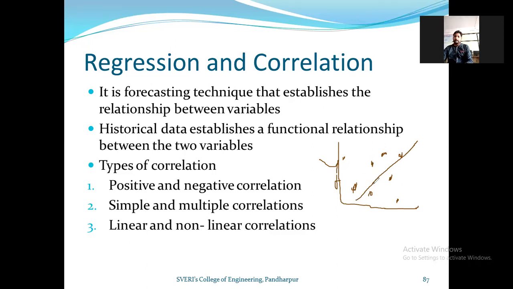So you are not able to draw a proper straight line, or the data is not following the straight line equation. In that case, that relationship will be called non-linear correlation. Getting everyone?